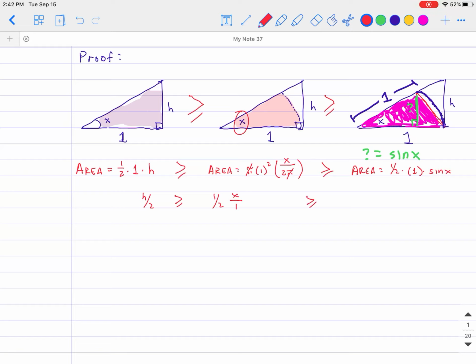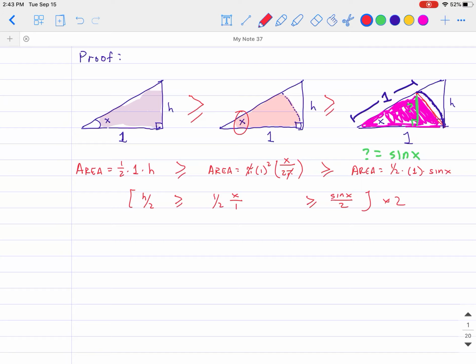That's just going to be x over 2 in this case. And then the far right, in terms of its area, is going to be the sine of x divided by 2. Since every single one of them has a 2 in the denominator, why don't I multiply everything out by 2?